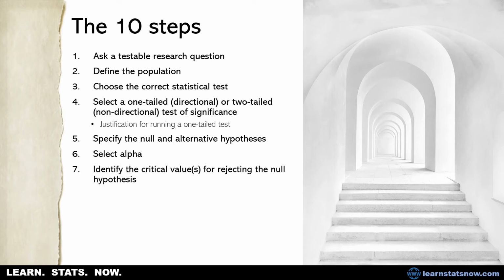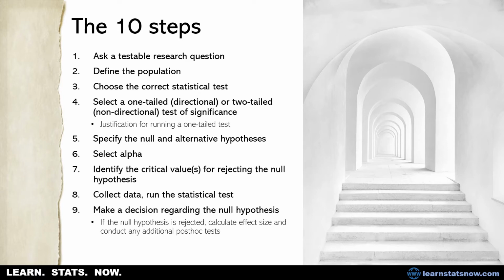And by this we mean the cut point at which we say, hey, that sample mean has fallen so far from the mean of the sampling distribution that we reject the null hypothesis. Then we're going to collect data, run the statistical test, and we're going to make a decision regarding the null hypothesis. And if the null hypothesis is rejected, generally we'll calculate an effect size and conduct any additional post hoc tests.